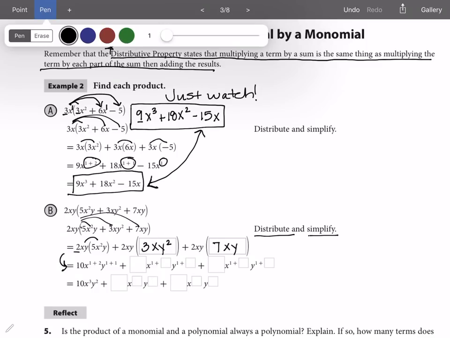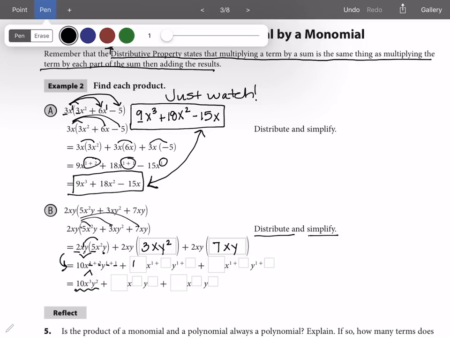If I go in and fill in this next step, 2 times 5 gives me 10. I had 1x here and 2 there, so 1 plus 2, and then we had 1y and 1y here, so 1 plus 1. That gives me 10x cubed, because 2 plus 1 is 3, and y squared, because 1 plus 1 is 2, and that gives me this term here.